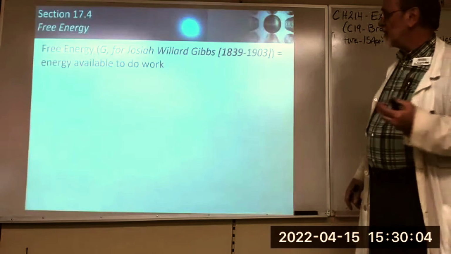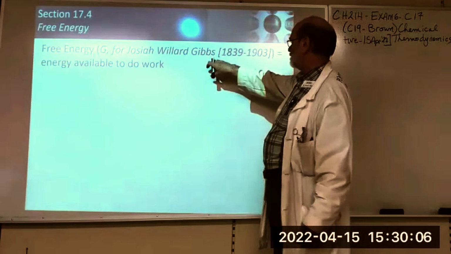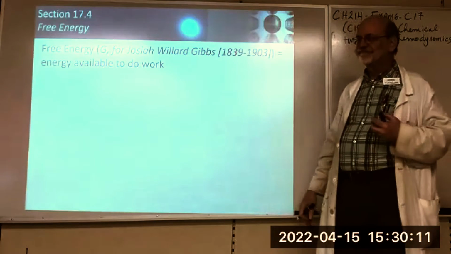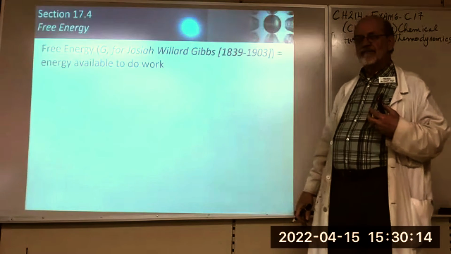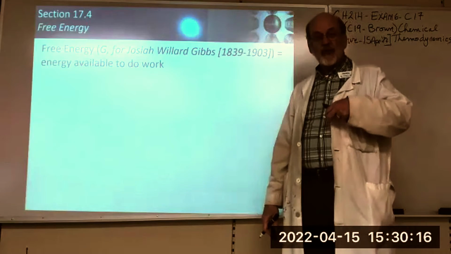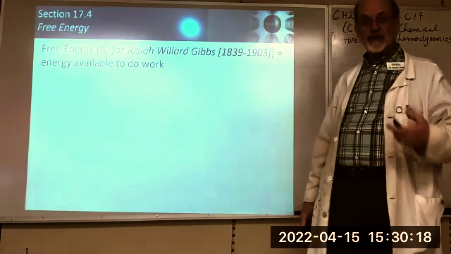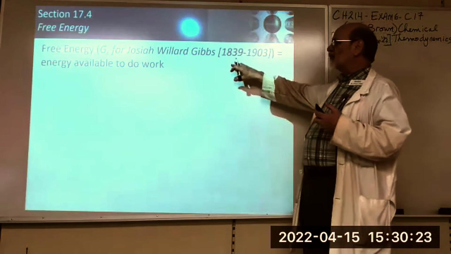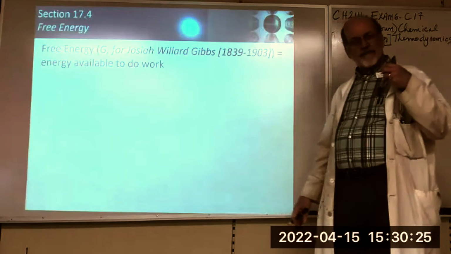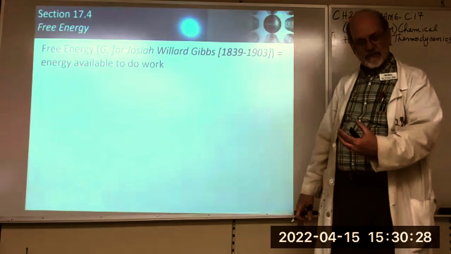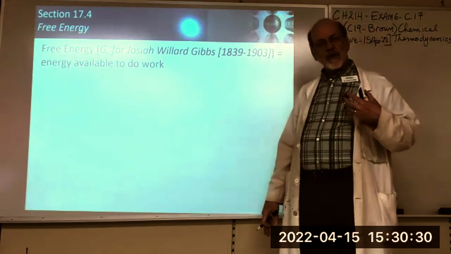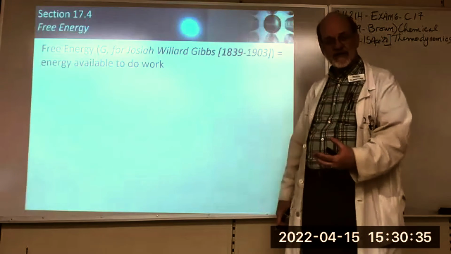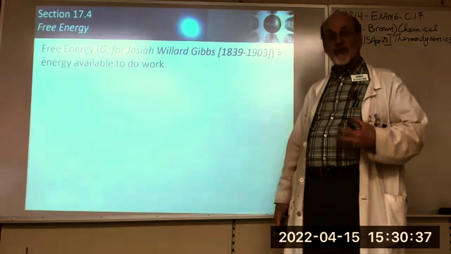So it falls to Josiah Gibbs to make sense and make a more practical application of what we know so far. What Gibbs was interested in was, if you've got a spontaneous process, how much of the energy that comes from that process is available to actually do work.